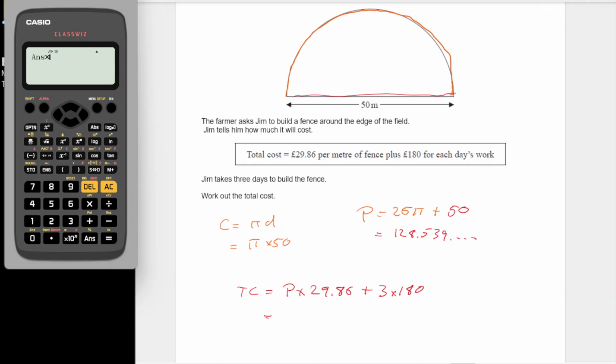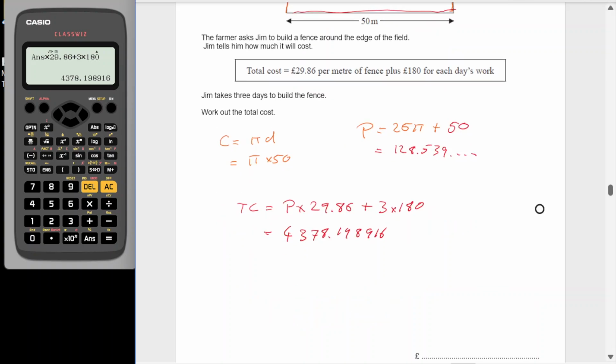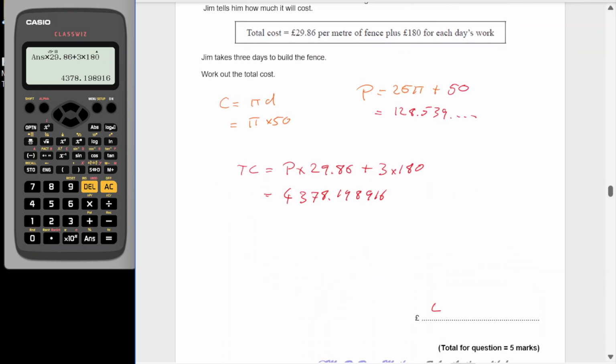So if I times my answer by 39.86, then add on 3 times by 180, that gives us the total cost of £4,378.98. Pence. So we're going to say the total cost is going to be 4,378.20. So round up as the number behind it is an.